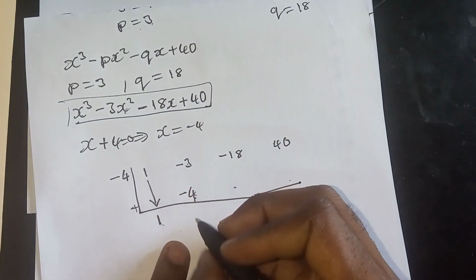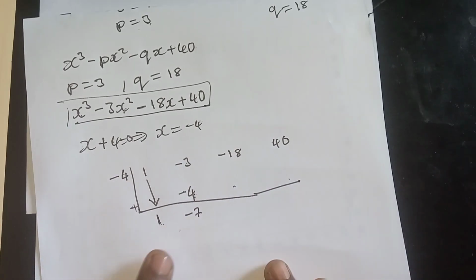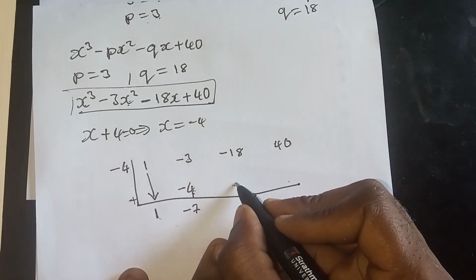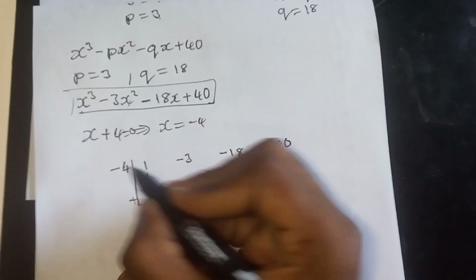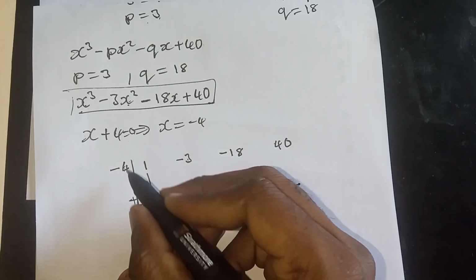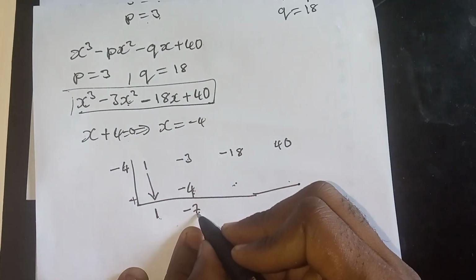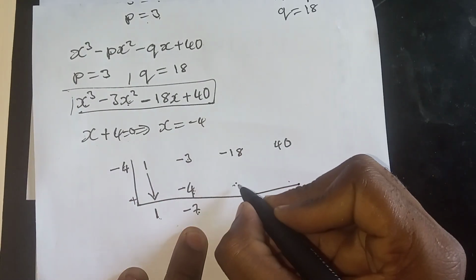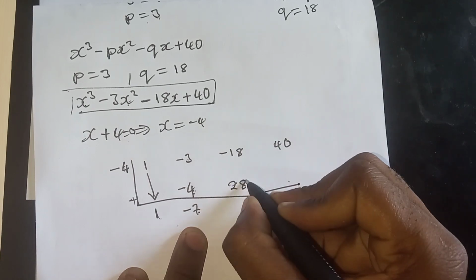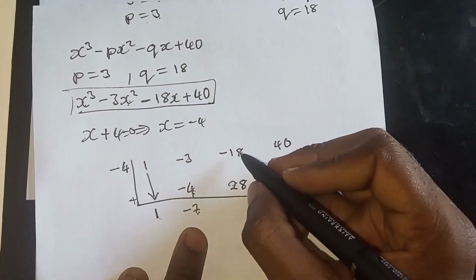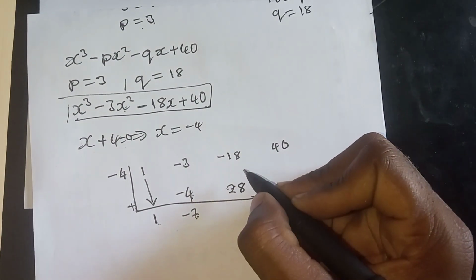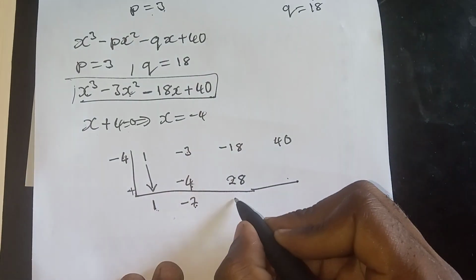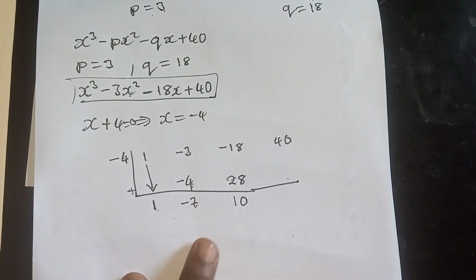So negative 3 plus negative 4 is negative 7. And then to get the next number, you multiply negative 4 by this again. So negative 4 by negative 7 is 28. And then you add these two numbers together, you have a 10.